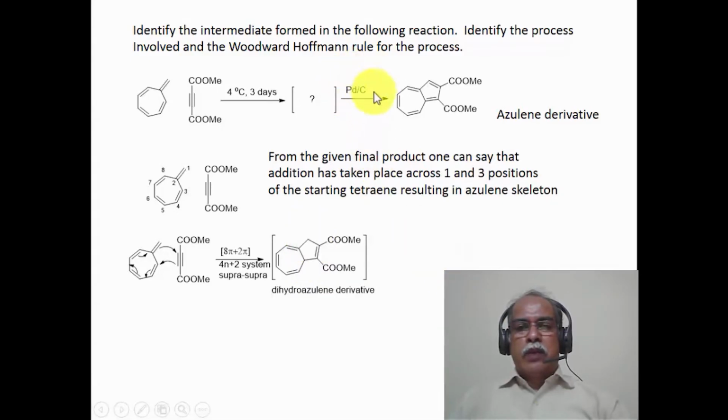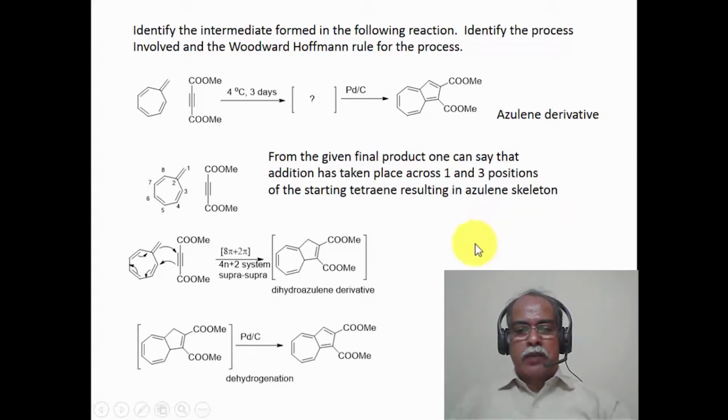Palladium and charcoal is known to do dehydrogenation of dihydroaromatic compounds to aromatic compounds. So the second step involved in the process is the dehydrogenation process. The dehydrogenation of the dihydroazulene using palladium and charcoal to give the azulene derivative is the final step for this particular reaction.